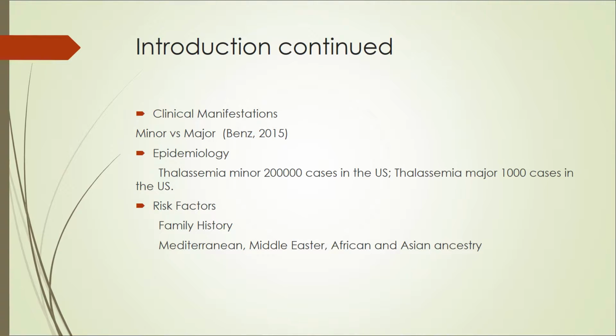Thalassemia in general is evenly distributed across the lifespan and equal in both men and women. Risk factors for the disease include a positive family history. Also, ancestry is key. Those from Mediterranean, Middle Eastern, African, and Asian backgrounds have a higher incidence of beta thalassemia.